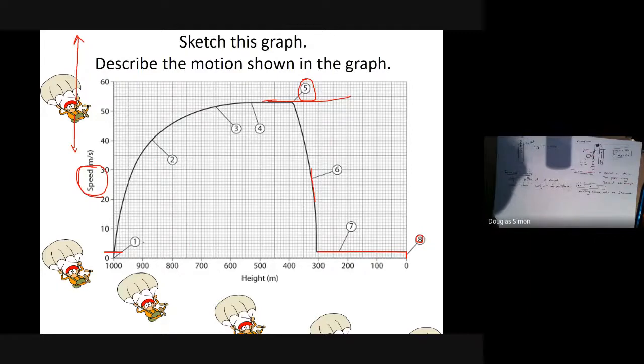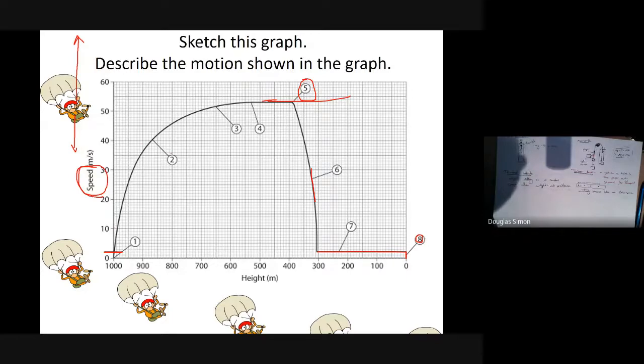All right, so Naveed, at number 1, the object or the person is accelerating. So is there a resultant force on the person? Good, all right. And they're accelerating a lot, so is there a large or small resultant force? Good, all right.